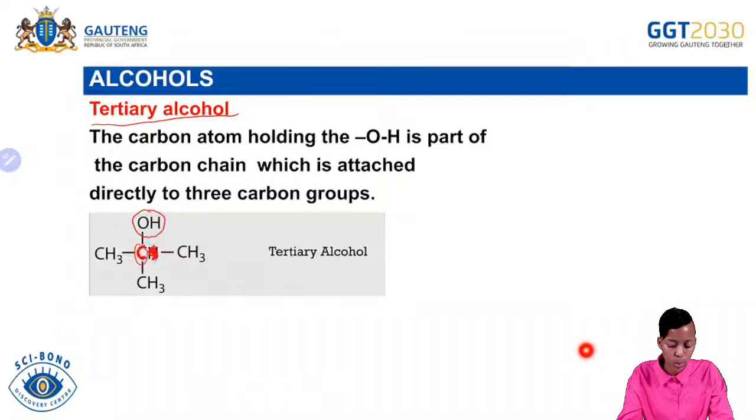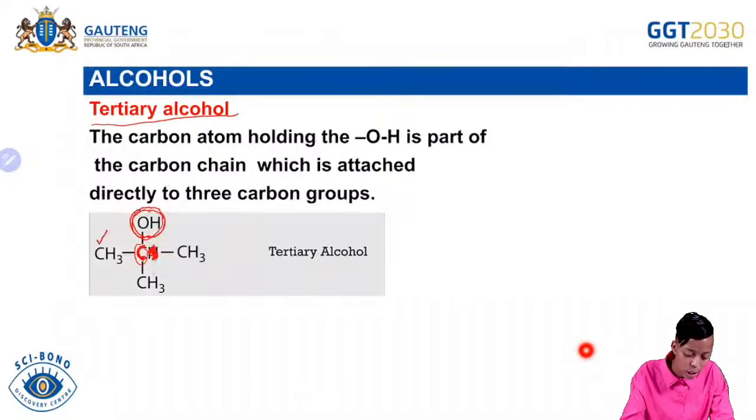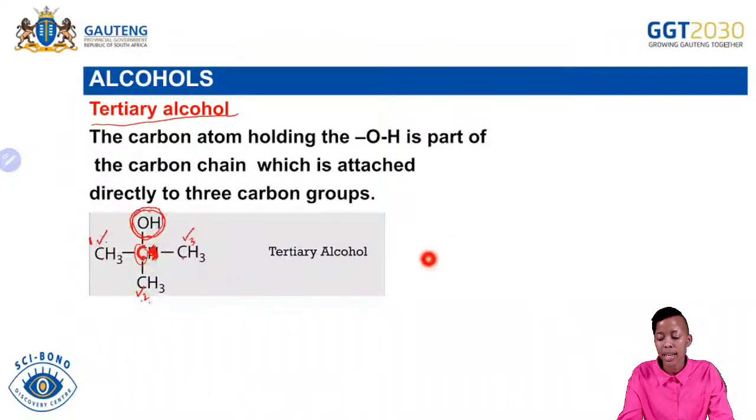To three carbon groups. So this carbon that is holding the OH group is attached to three other carbons. So this is carbon number 1, number 2, and carbon number 3. So tertiary, the carbon holding the OH group is joined directly to what? To three other carbons.